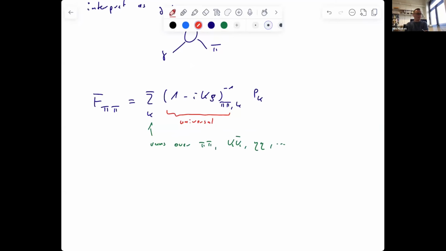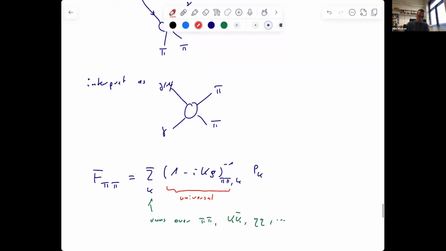So the idea of this p-vector formalism is we can determine this elsewhere. So if someone has a huge high statistics data set of pi-pi to pi-pi, pi-pi to K K-bar scattering, we can determine all the physics of these processes, put that in here, and then have fit parameters only in our production vector to describe J psi to gamma pi-pi, for example.